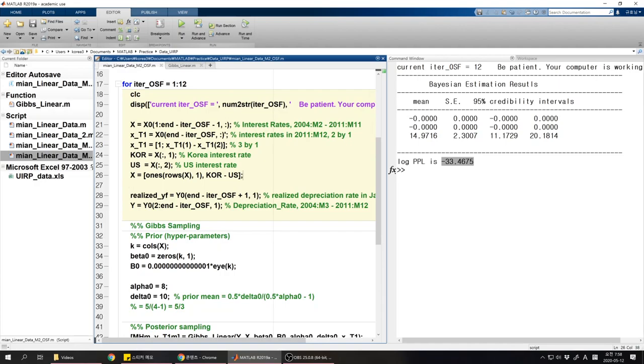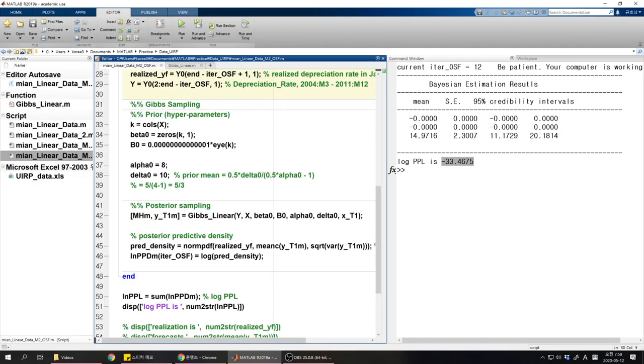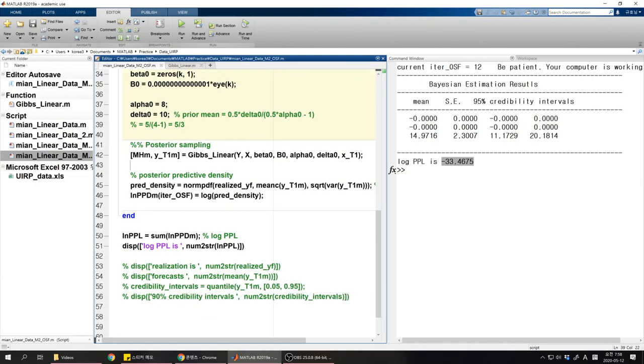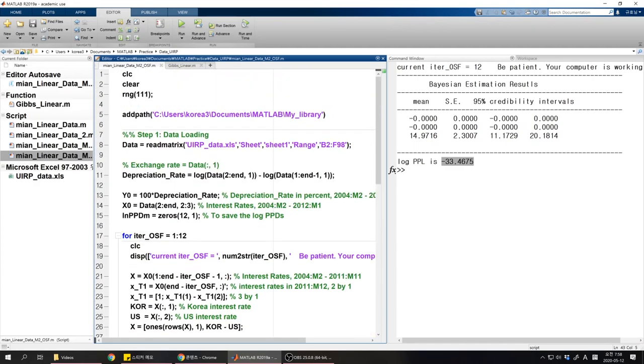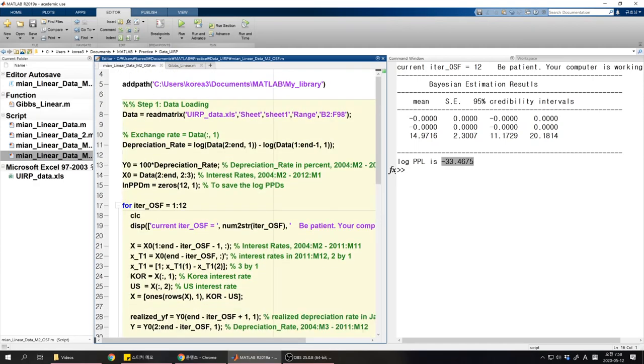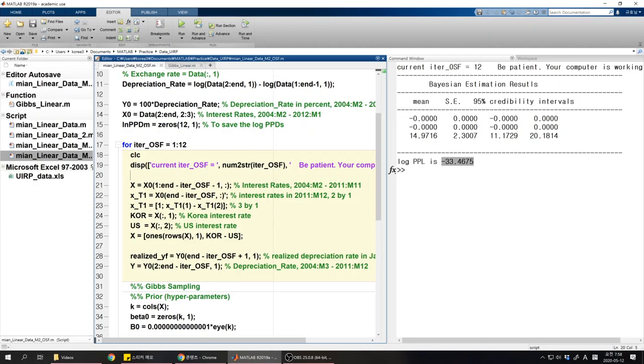Empirically you can see how difficult forecasting the exchange rate is. You might believe that the current interest rate must have some information about the future exchange rate, but actually it does not. These macro variables have very little information about the future exchange rate, right?